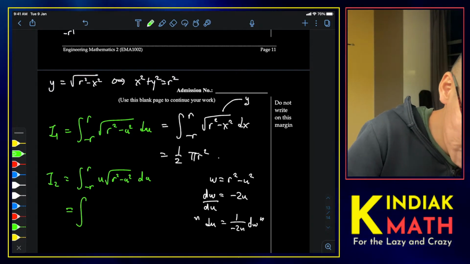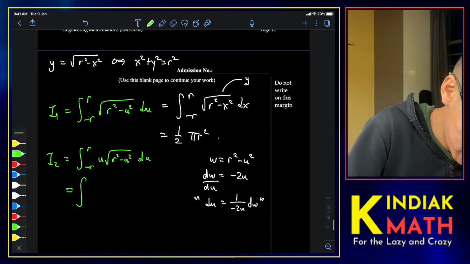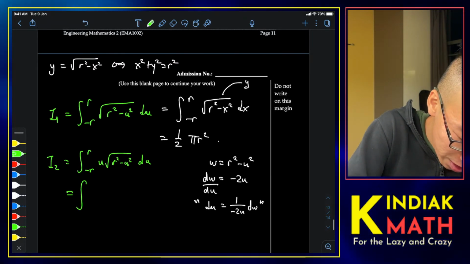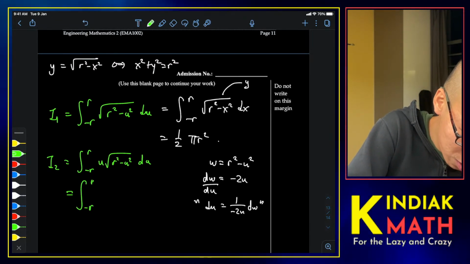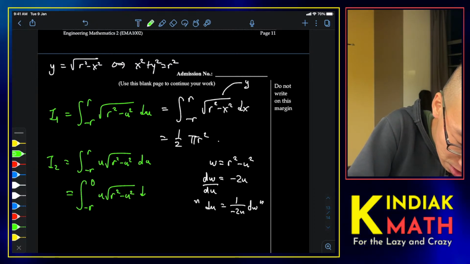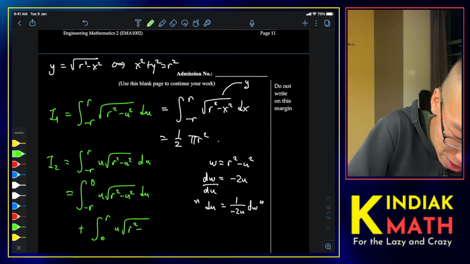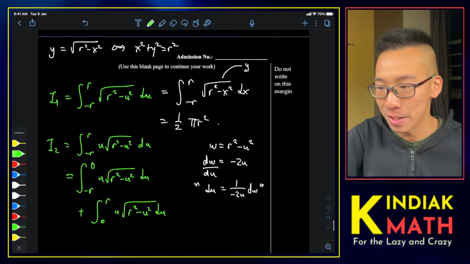Okay, so let me split this I2 into two more bits, from minus r to 0. Again, this is really for technical reasons, because I saw something weird happening and I didn't really want to engage with that. So let's split this integral.